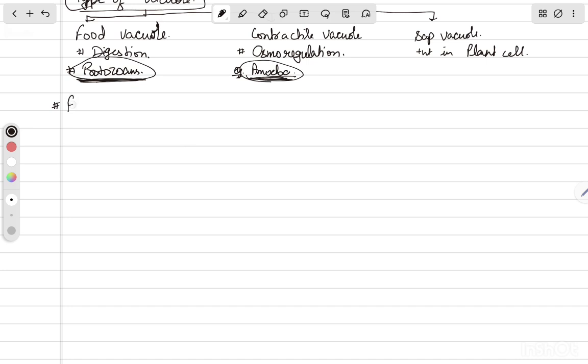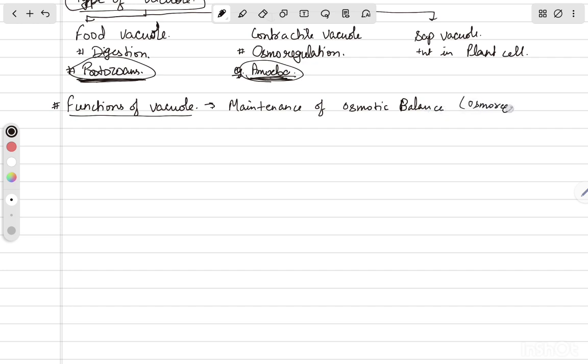Next is functions of vacuole. Now what are the functions which are performed by vacuole? Number 1, maintenance of osmotic balance, means osmoregulation. Osmoregulation means balance of water and solid particles, right?